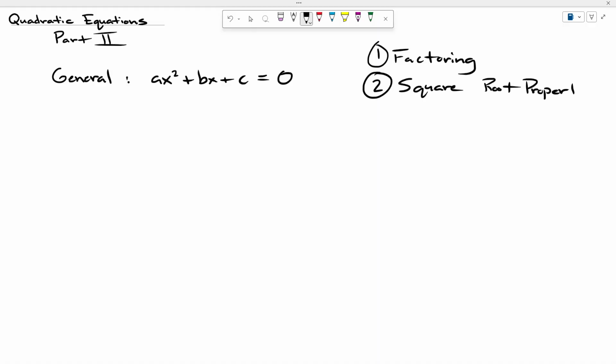So now we're going to look at a couple more, because what if factoring and the square root property don't work for us? So we'll need a couple other ways to be able to try and solve quadratic equations. So the next topic we're going to look at is called completing the square.